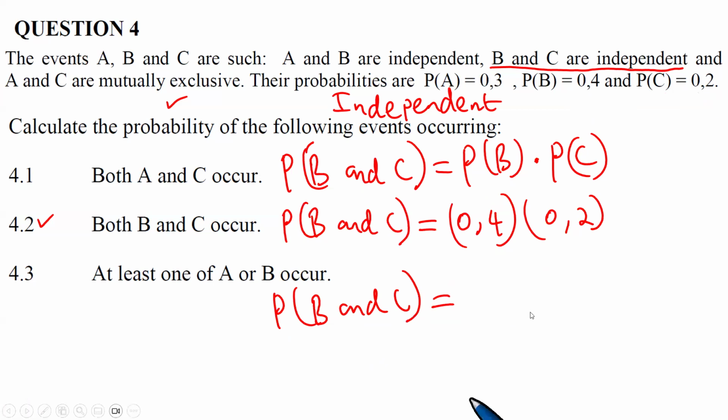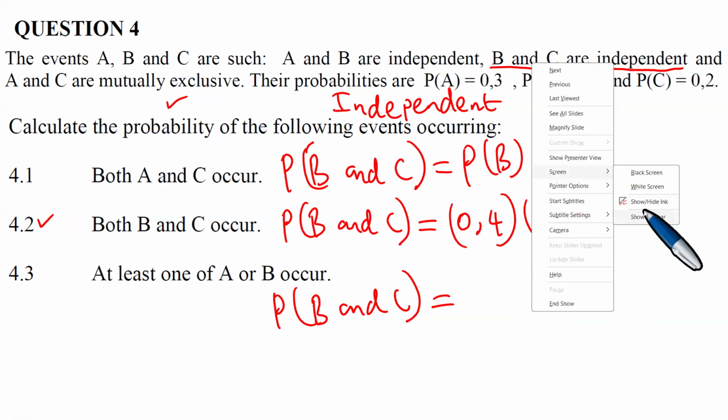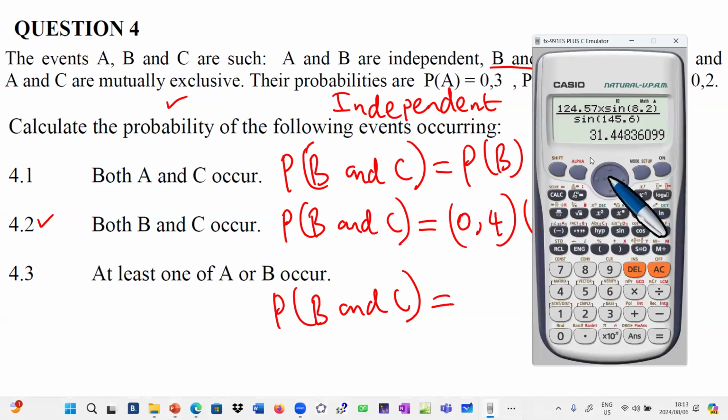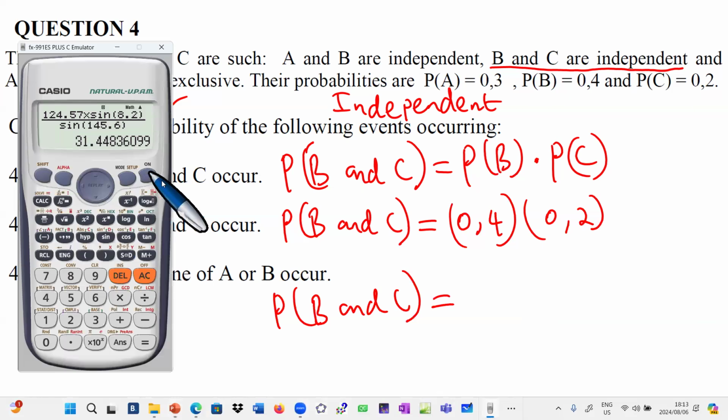And we proceed to use our calculator in this case. Right, so we have 0.4 times 0.2. The 0.4 times 0.2 gives us 0,08.